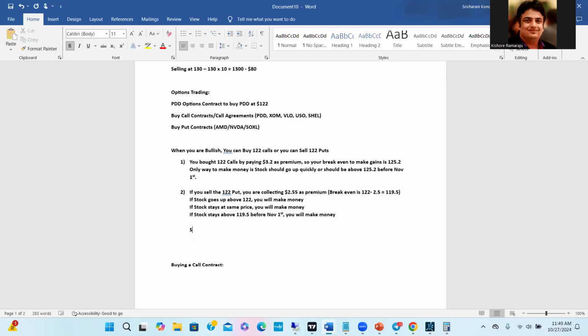Stock market also, nearly 40% of the time, the market will be in a trend. 60% of the time, it will be in a range market, right?